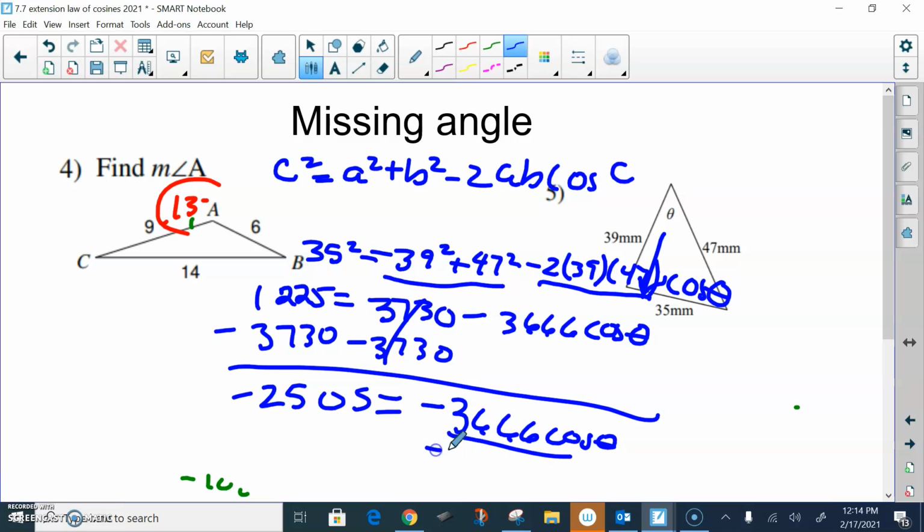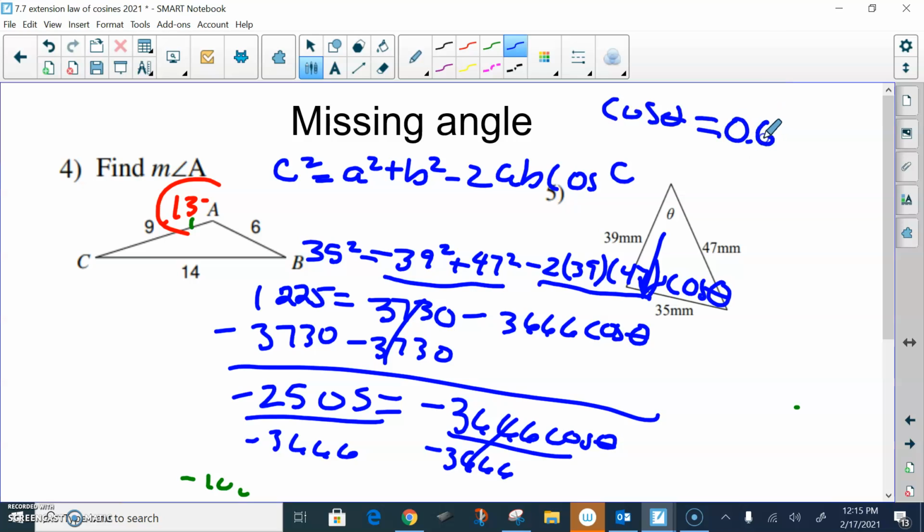Divide each side by negative 3666. And so I get cosine of theta equals, here we go, 2505 divided by 3666. And it's positive. Negative divided by negative is positive. So I get 0.6833.